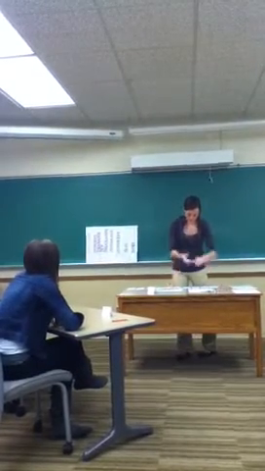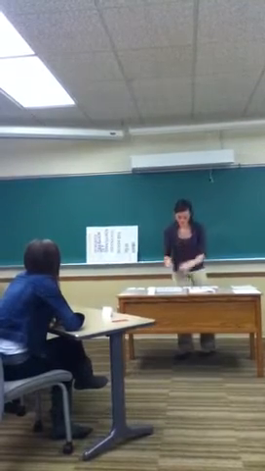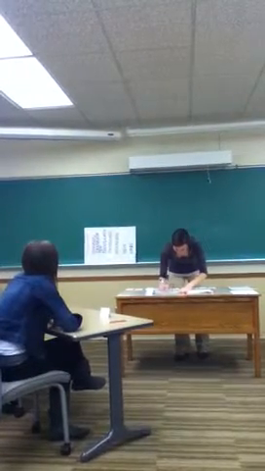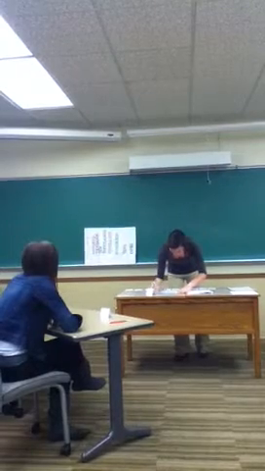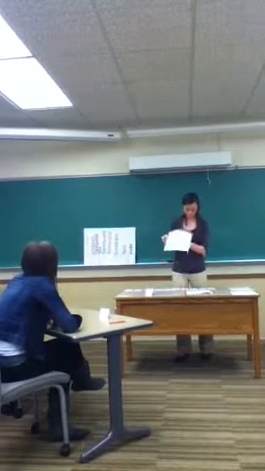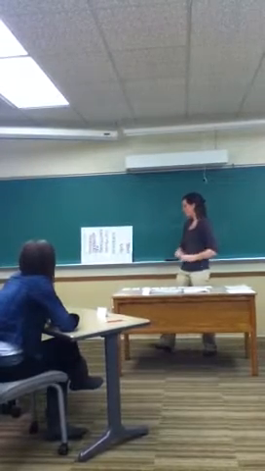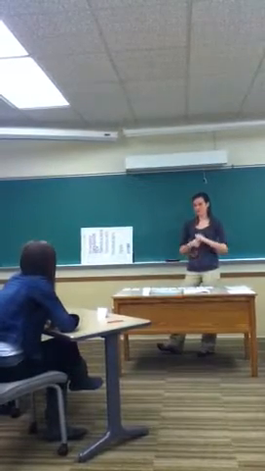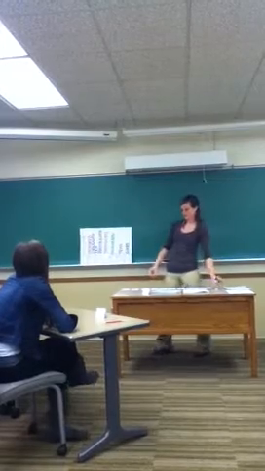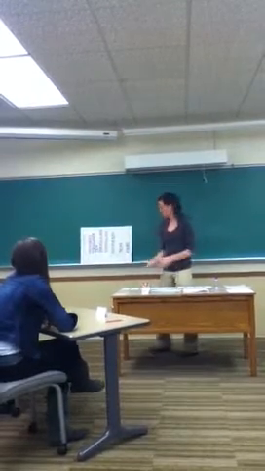So, for example, if we have the number 7,329, each digit has a place value. So here we have a place value chart. Are you guys familiar with these? I've heard of it before. Okay.